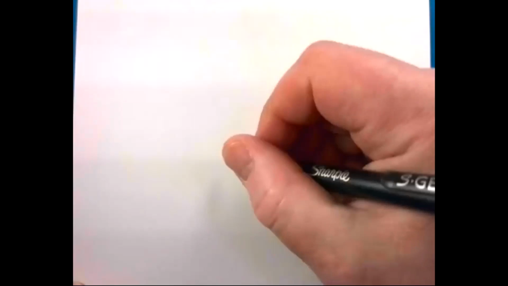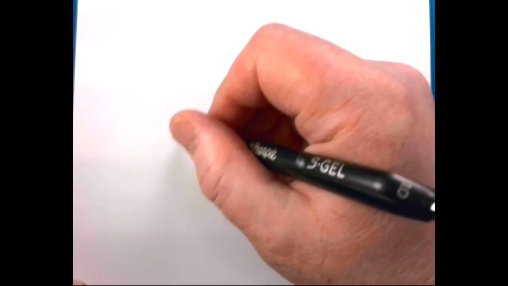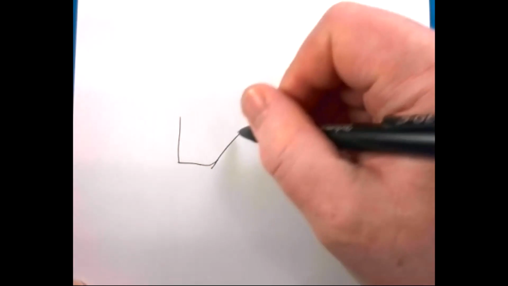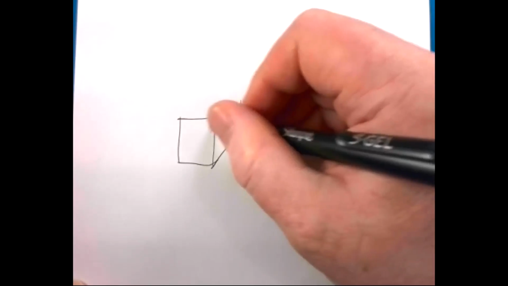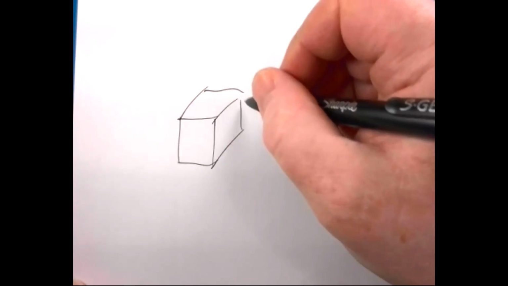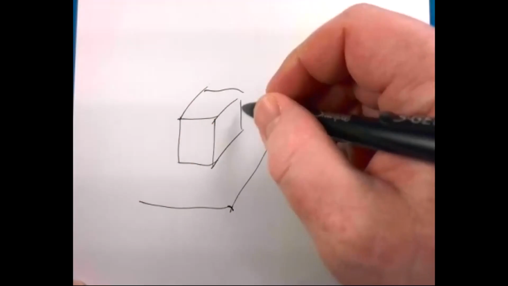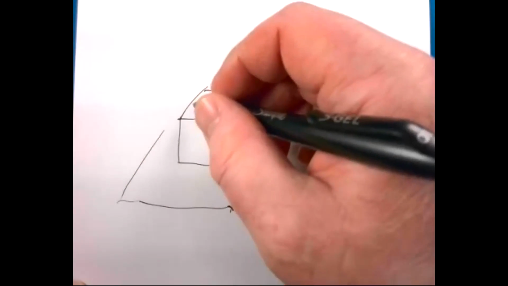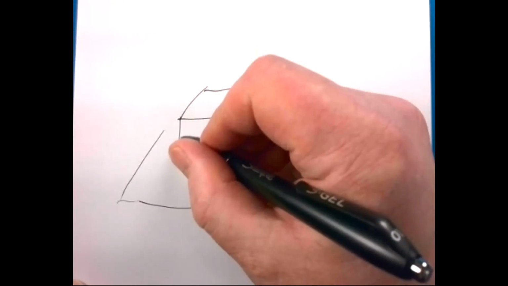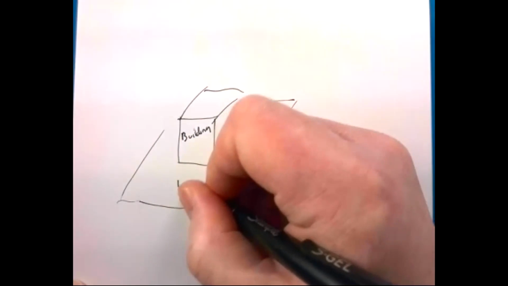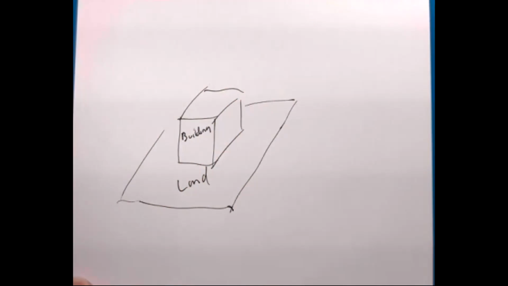Okay, so suppose we buy a building. And there's some land underneath. Okay, so here's the building. Here's the land.